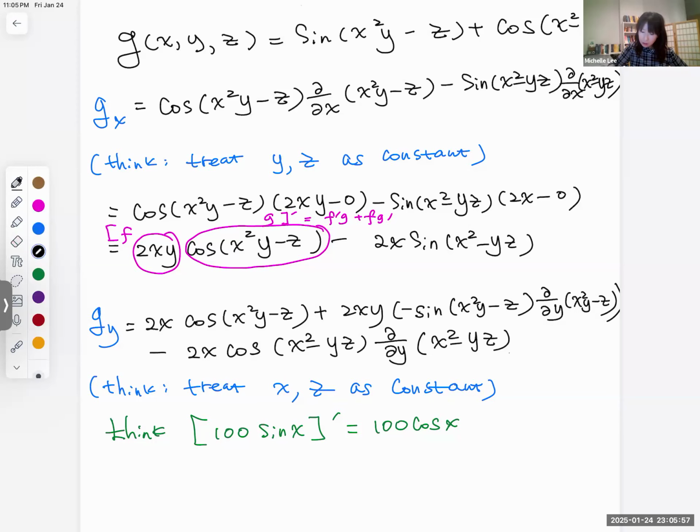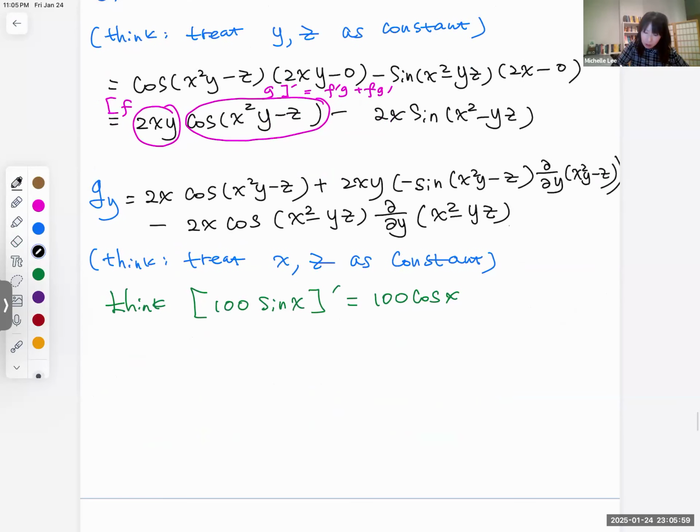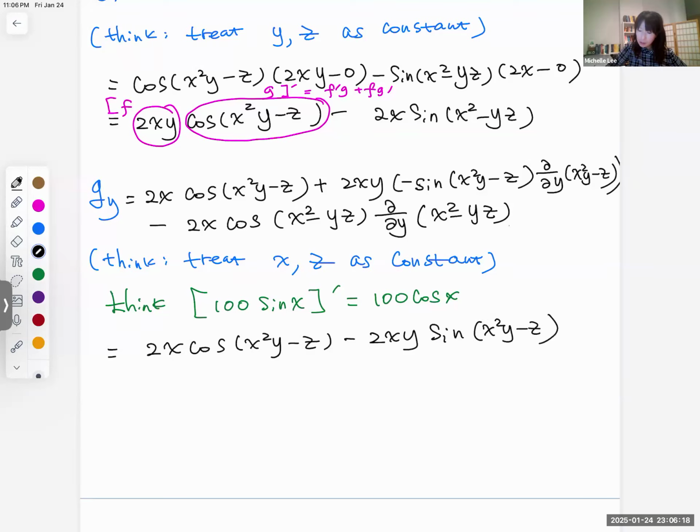First term, second term. So minus 2xy sine(x²y − z). What's the derivative with respect to y? We have 2x minus 0, right?